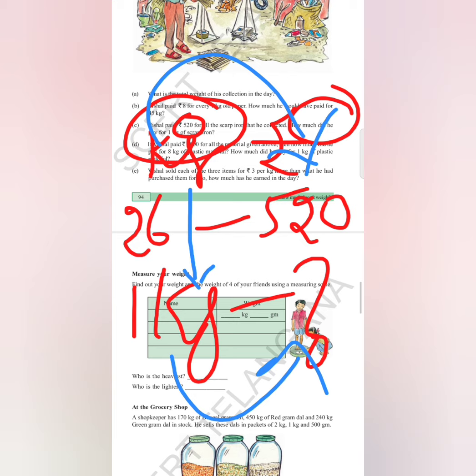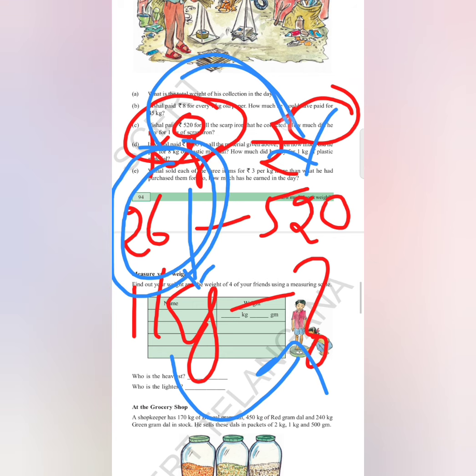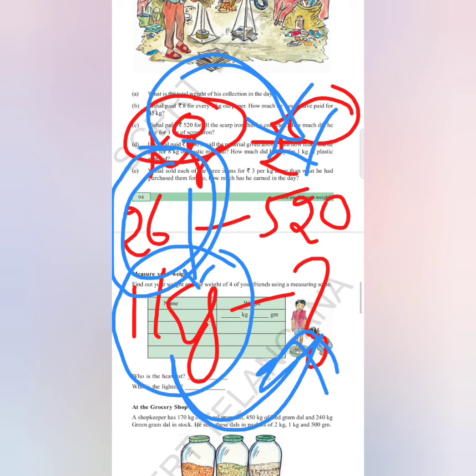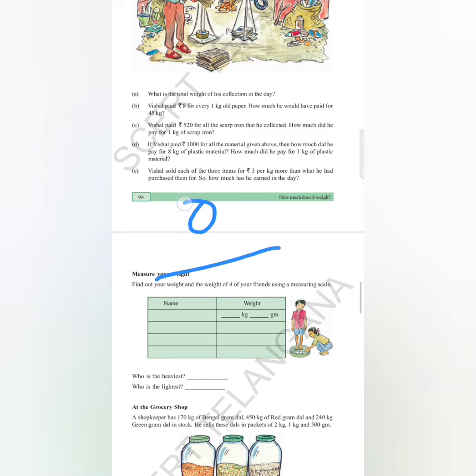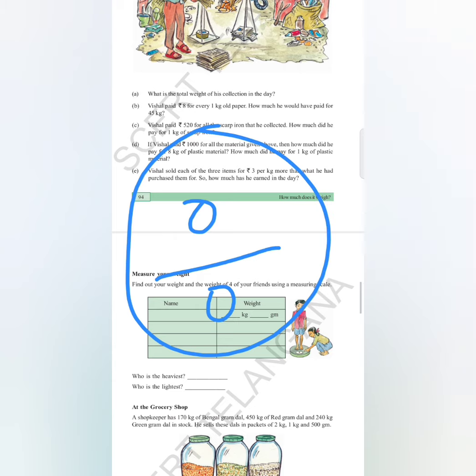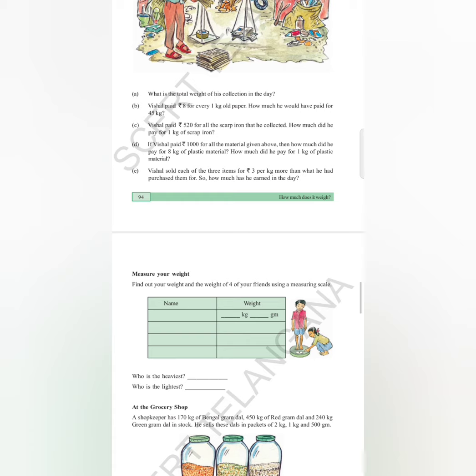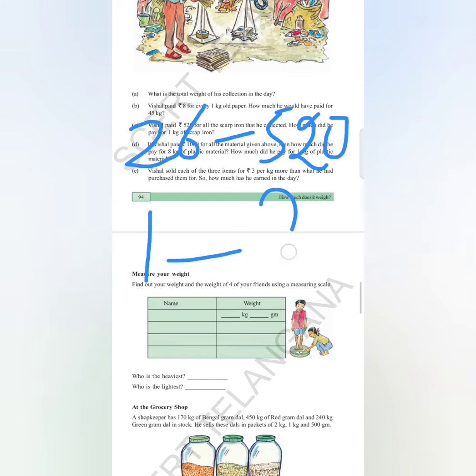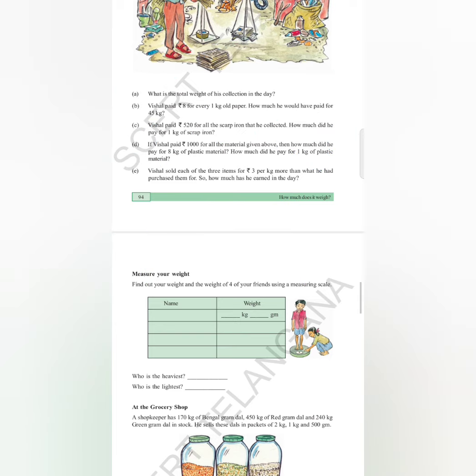When the bigger quantity amount is given and it is asked to find out the smaller quantity amount, without any doubt we have to find out the division. Okay? So now which two numbers should be divided? 26 kgs is given in 520 rupees, then 1 kg will be in question mark. So you have to divide this 520 by 26.